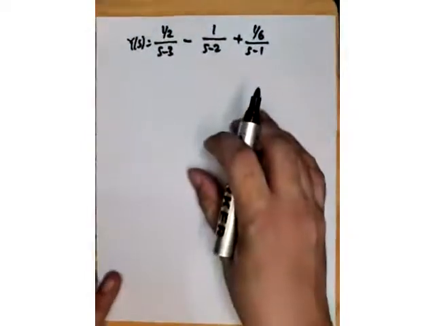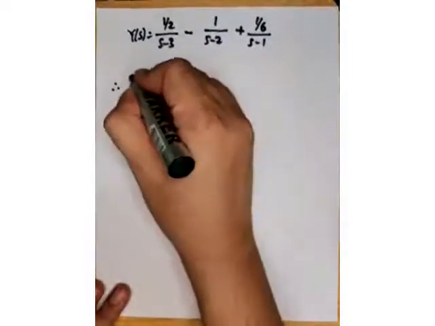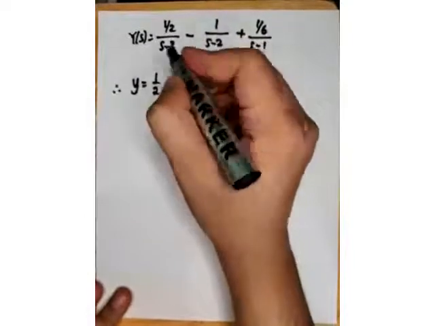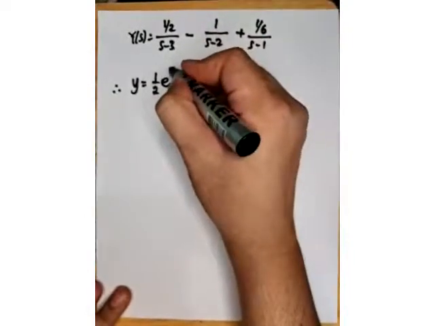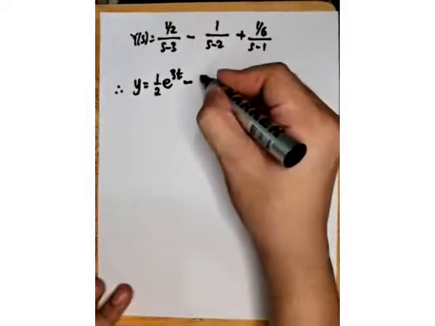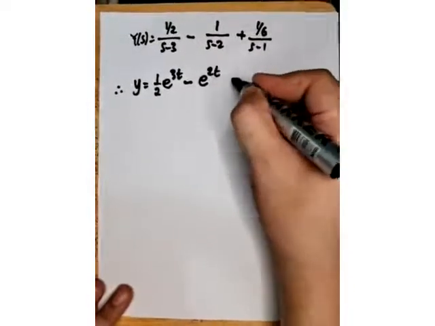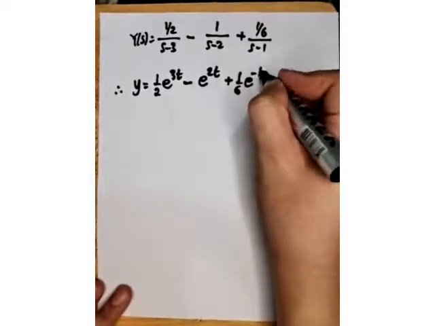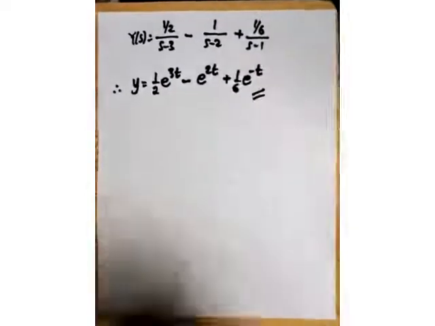I'll get the inverse Laplace transform. So therefore, y is equal to 1/2 inverse Laplace transform. That's e raised to 3t minus e raised to 2t plus 1 over 6 e raised to negative t. Okay, so this is our final answer.